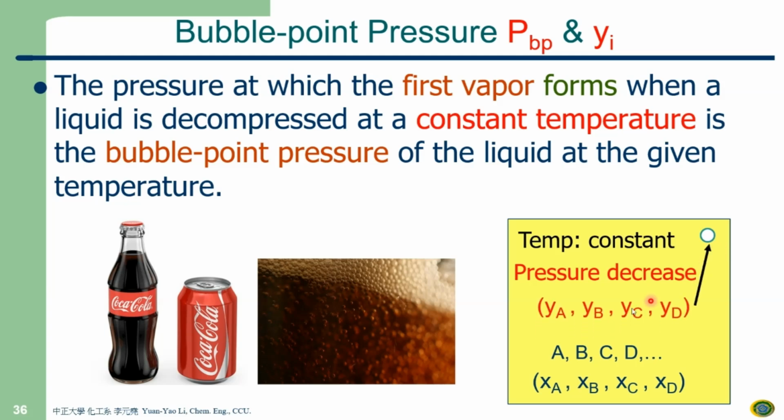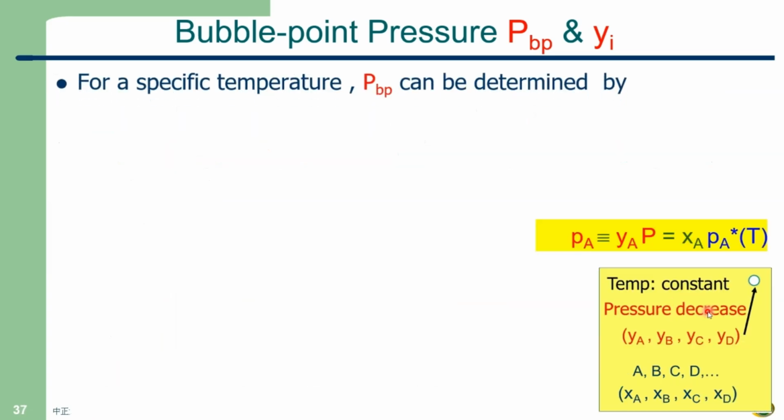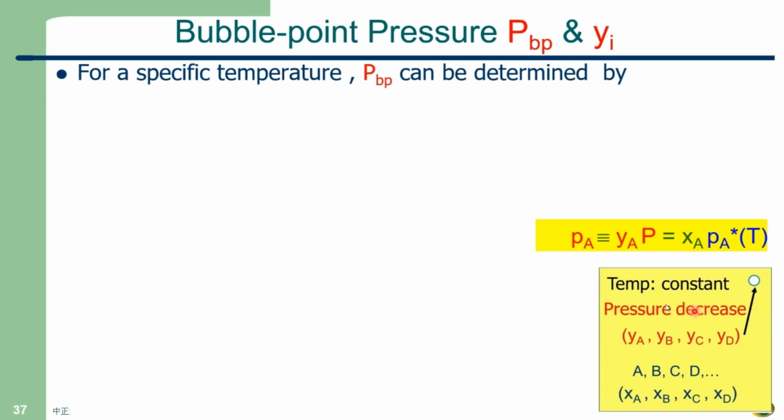Okay, and at this moment, you want to know the molar fraction of this bubble, and you want to know the bubble point pressure. Now, how are you going to calculate this? This is for a specified temperature. Bubble point is determined by total pressure.